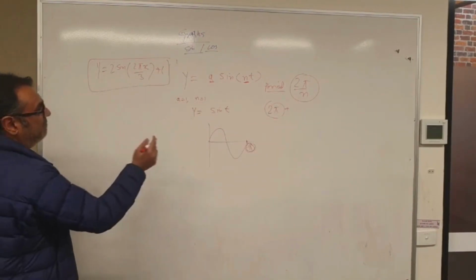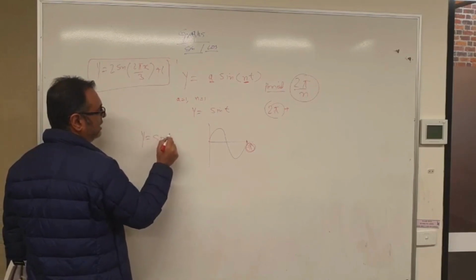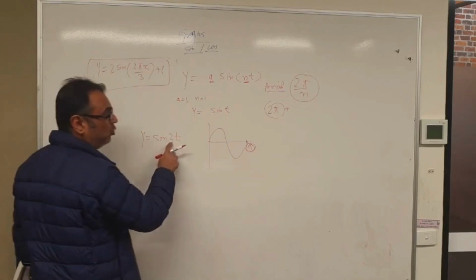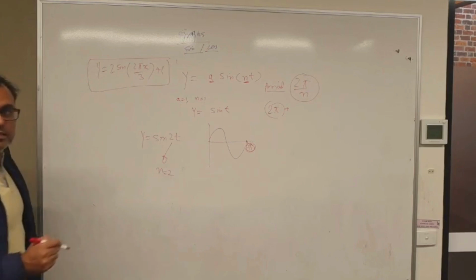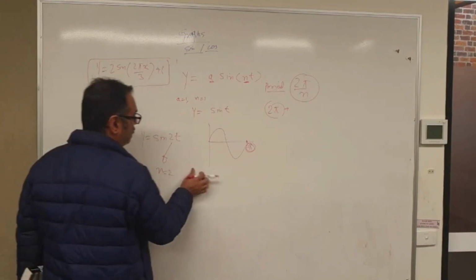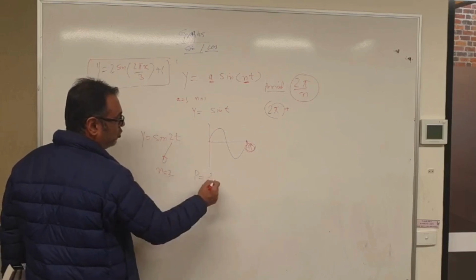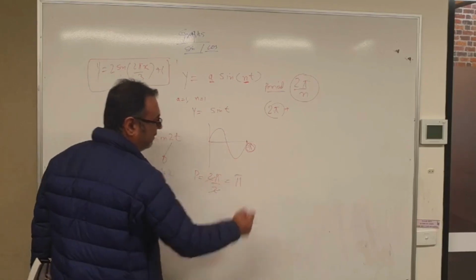So in this, if I say y equals sine 2t, so n equals 2, right Aishka? So in this case, Arman, what is my period? Period equals 2 pi over n, n is 2. So the answer is pi.